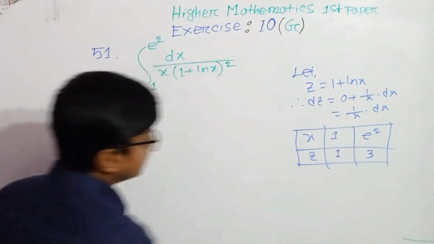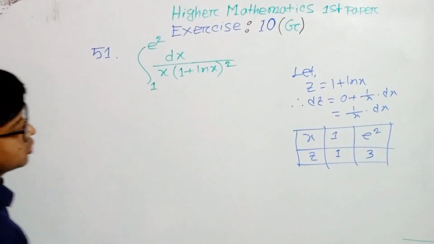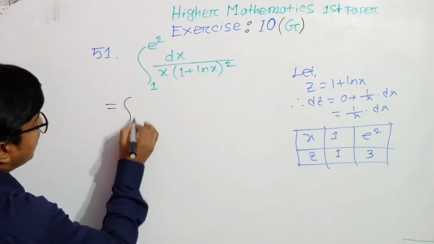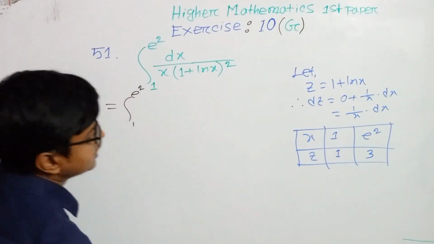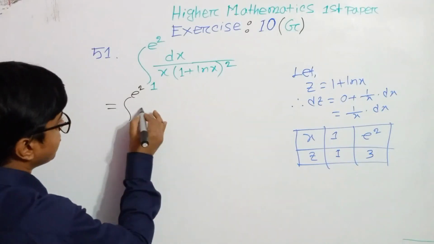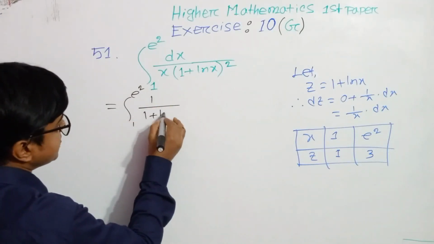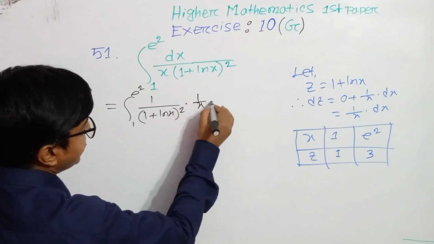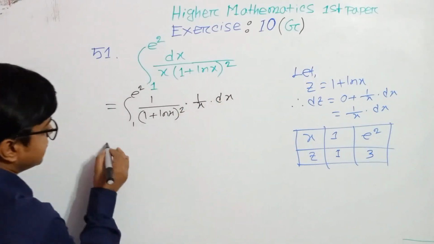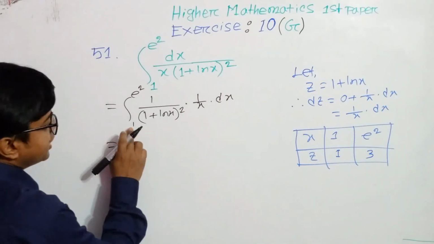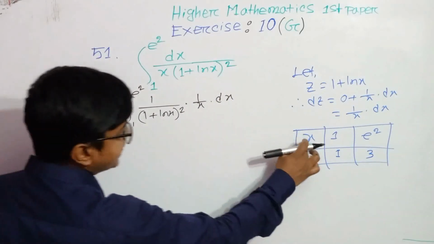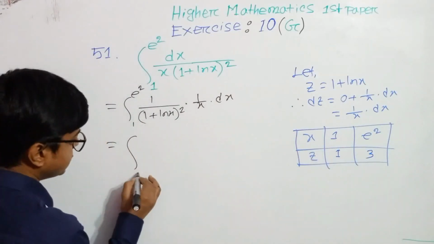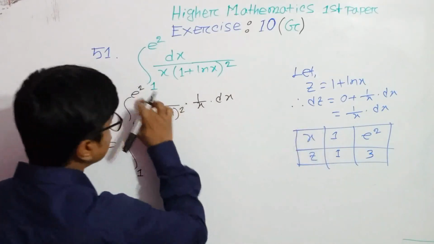Now we can write the integral from 1 to e square of 1 by 1 plus ln x whole square into 1 by x into dx. When x is 1, then z equals 1.